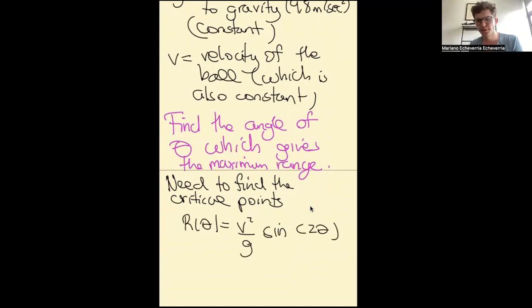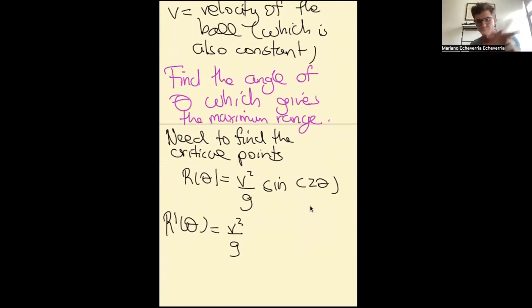What is the derivative of this function? Again, these two quantities are constants. They have no derivatives. What's the derivative of a sine? The derivative of sine is cosine, right? So you get cosine of 2 theta times... Is that all, or am I missing something?